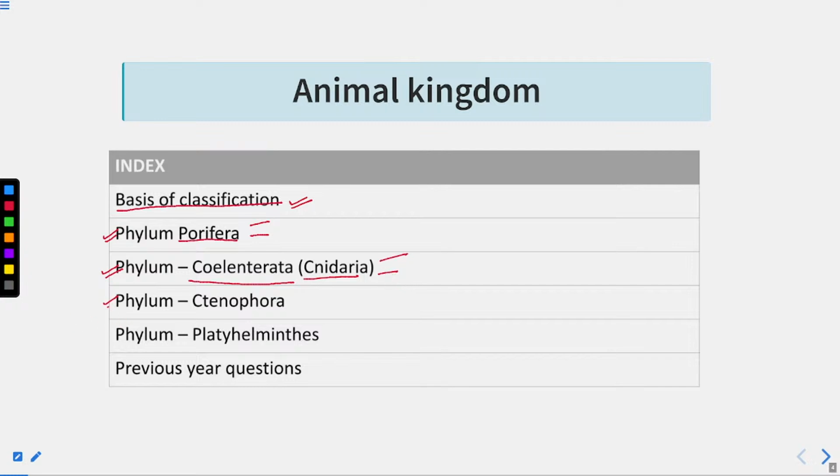Then we will study the phylum Ctenophora, general characteristics and some examples. Then the fourth phylum, Platyhelminthes, also called flatworms. We will study the general characteristics and some examples, right? Then we will have some previous year questions.